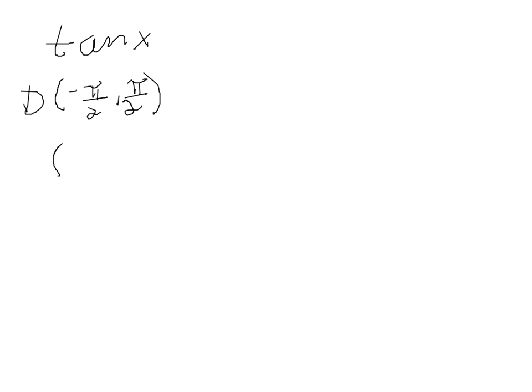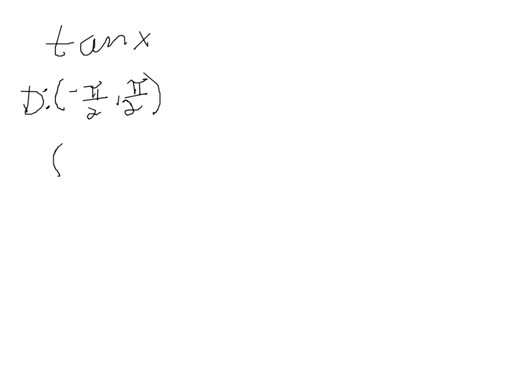So let's go back and talk about tangent. My domain I'm going to restrict to minus pi over 2 to pi over 2. The reason for the rounded parentheses is that tangent is undefined at minus pi over 2 and pi over 2. So I can't include those in the domain without causing problems.